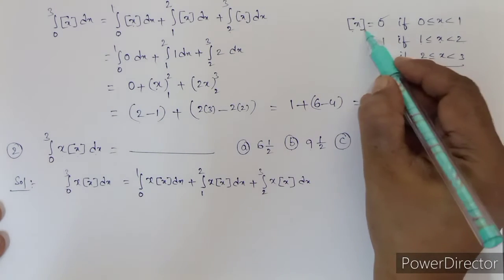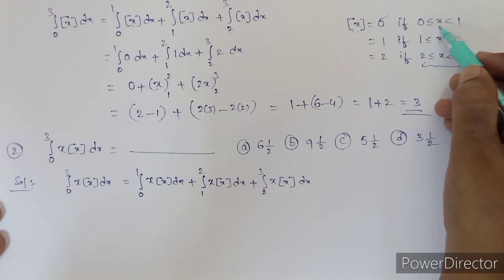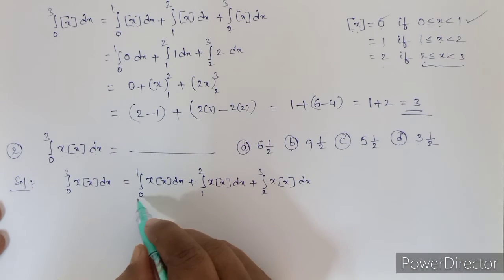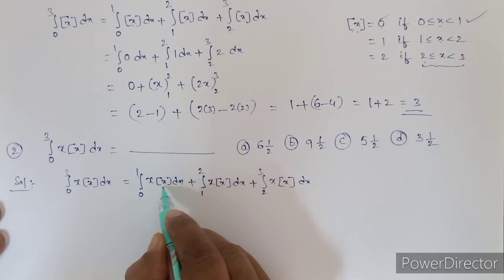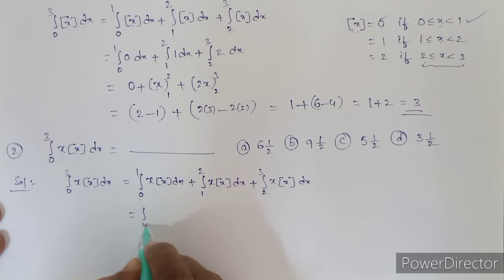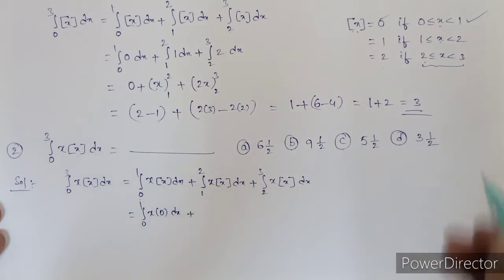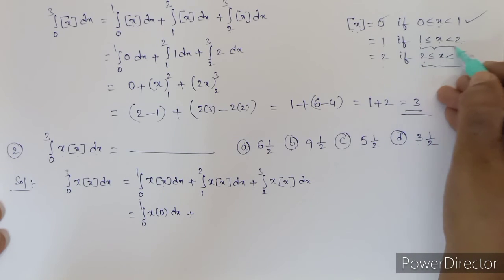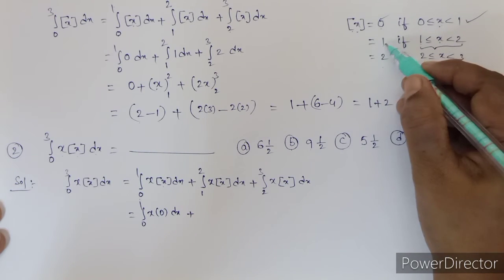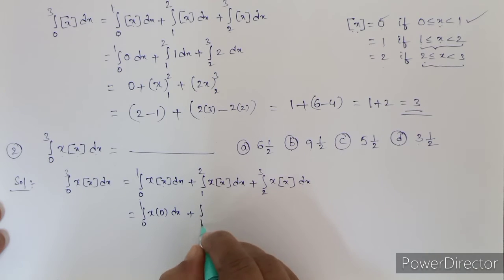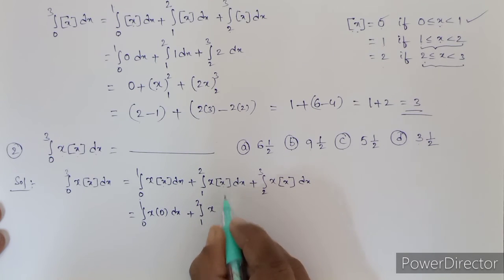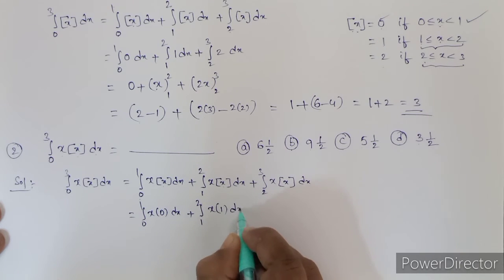We all know step x is equal to 0 when x lies in between 0 and 1. When x is running from 0 to 1, step x is 0. When x lies in between 1 and 2, step x is equal to 1. Now we write this step x as 1.